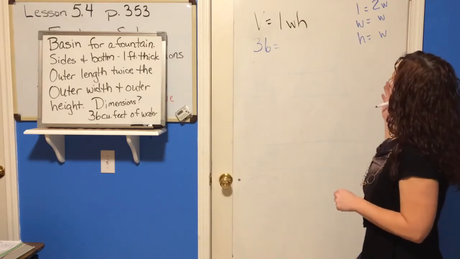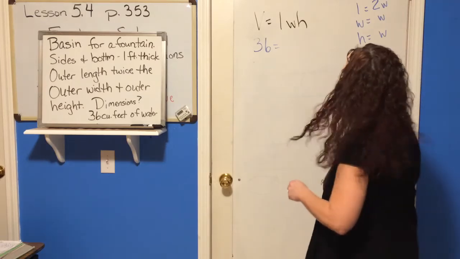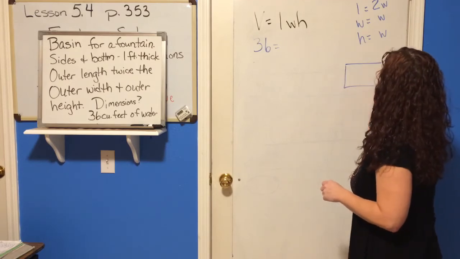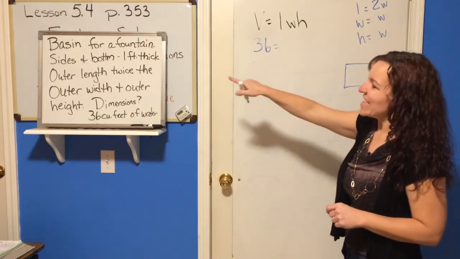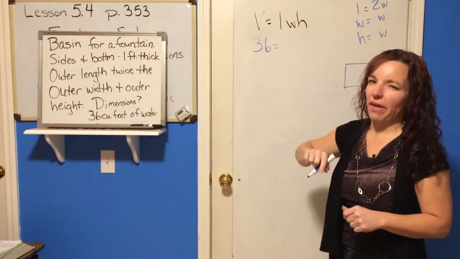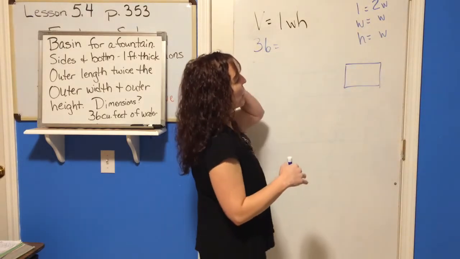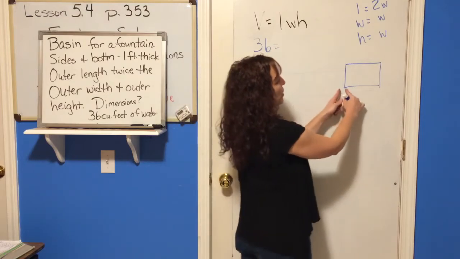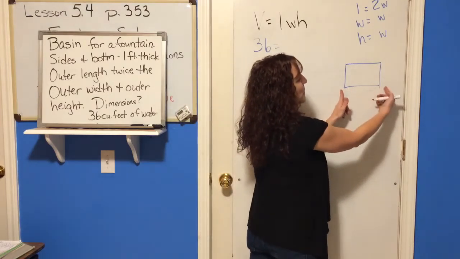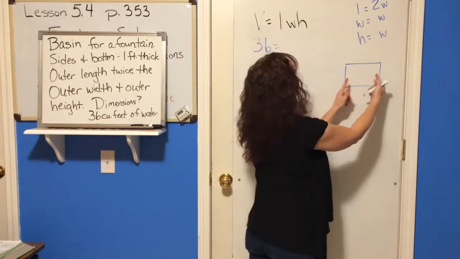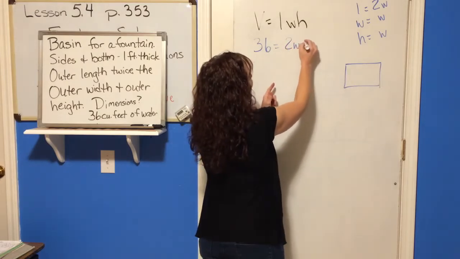Alrighty? So the only trick here though is, remember you've got this basin and the sides and bottom are going to be a foot thick. So you're not going to just multiply those together. You've got to look to see, okay, the length is 2W minus a foot for each side. So 2W minus 2.